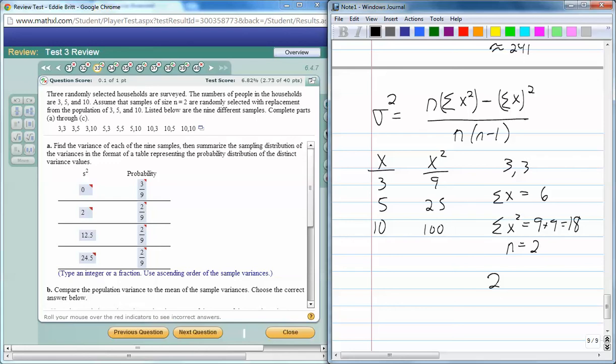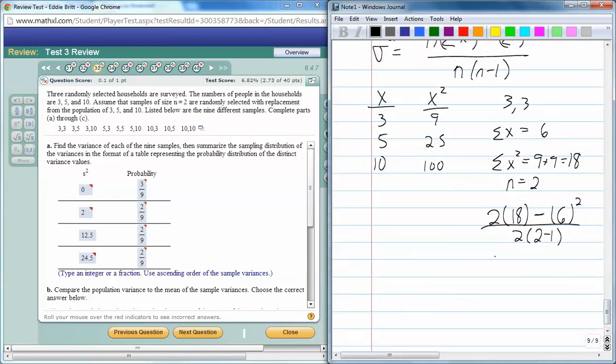There's two numbers, so 2 times the sum of x squared is 18 minus the sum of x is 6 squared, don't forget that, over 2 times 2 minus 1.